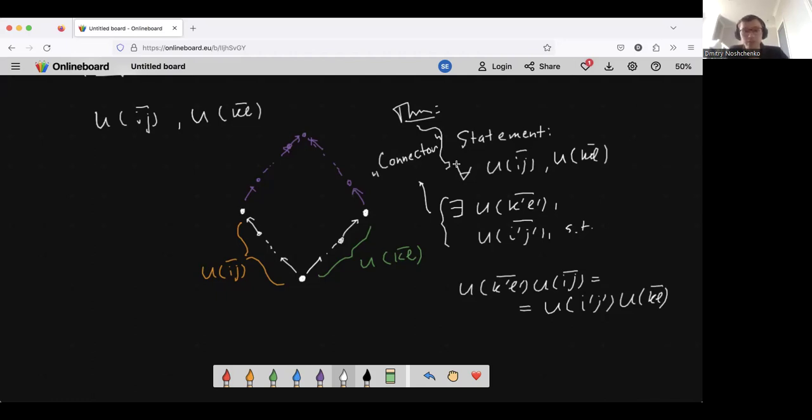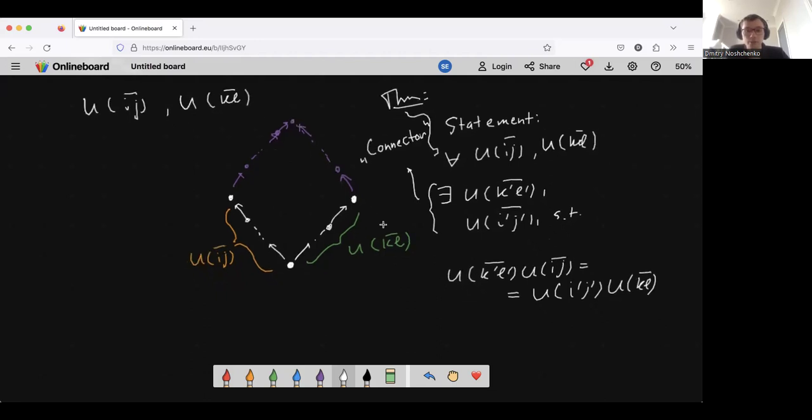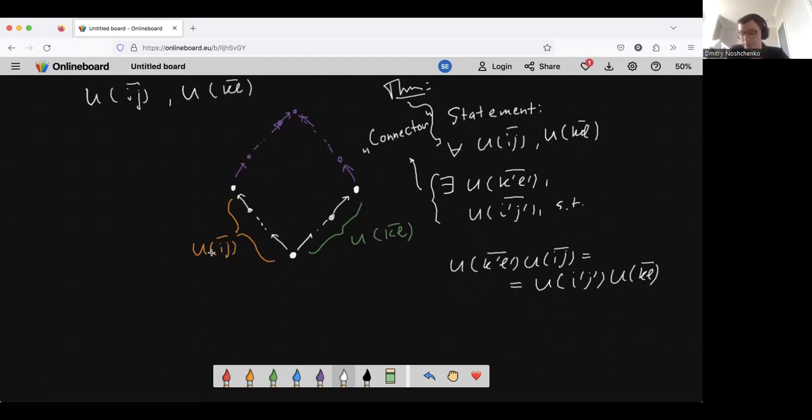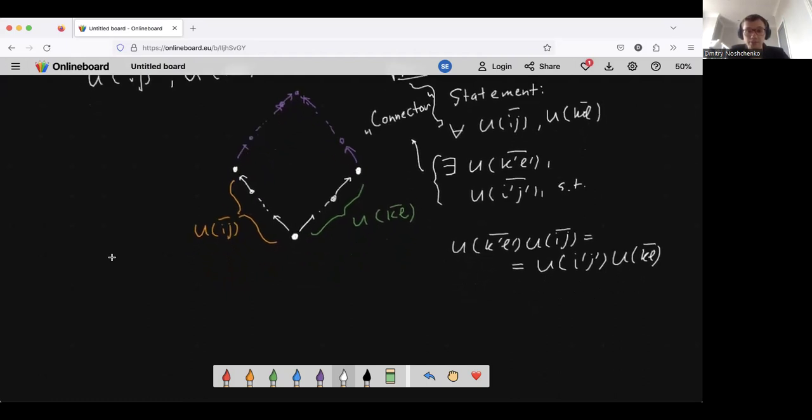I will not give you the details of the proof now, but maybe later if time permits. But now let me give you an example of how the sequences can be connected. In principle, the statement is that there is an algorithm to compute the connector in a finite number of steps.